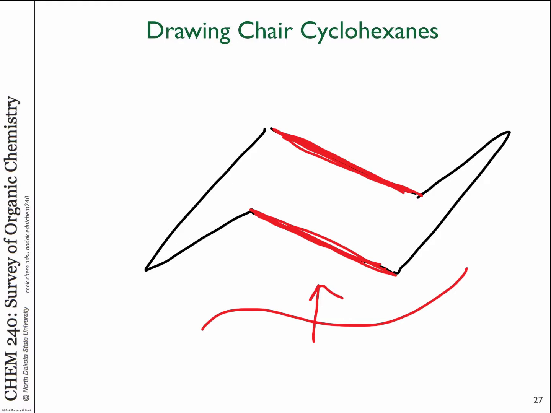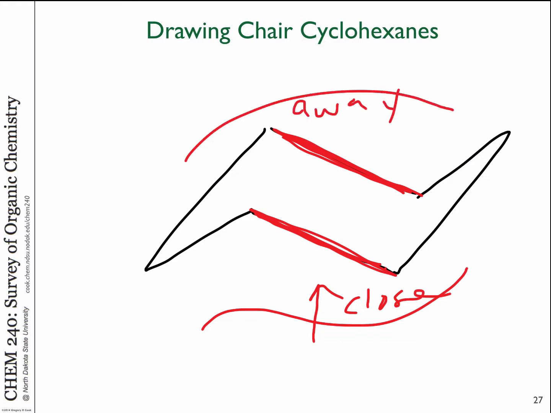So that's always closer to us. The back, or the top, is further away. So this is closer, and this is away. Okay, make sense?